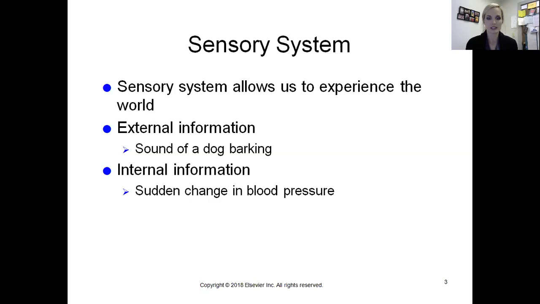So our sensory system allows us to experience the world, right? The reason why I'm able to really experience everything is because I can see everything, I can hear everything, I can touch things, I can taste foods. We're able to experience the world that way. So external information like the sound of a barking dog, or even internal information, like a sudden change in our blood pressure.